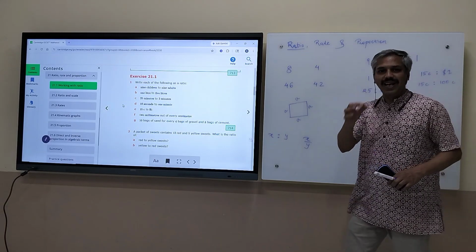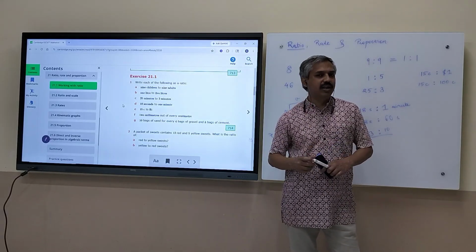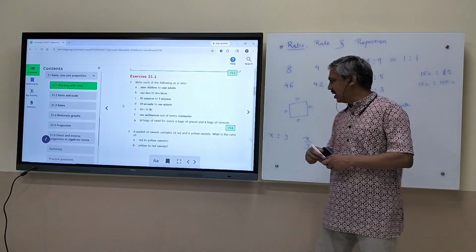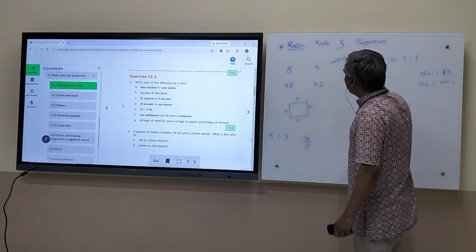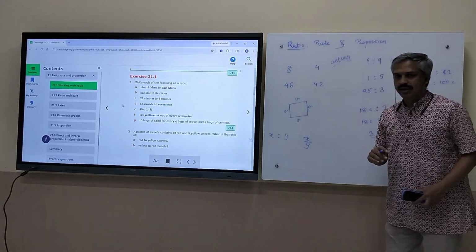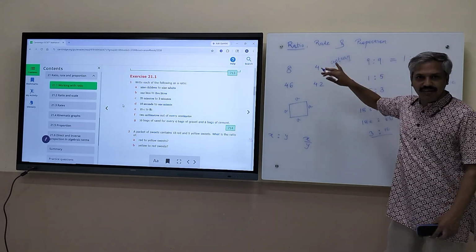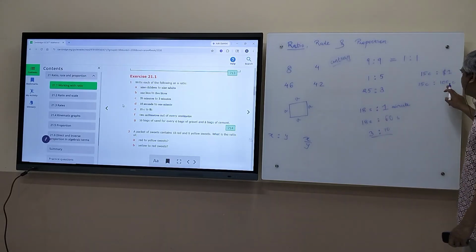The dollar is converted into a smaller unit, that is called cents. It is being given the name cent because CENT actually stands for century, and century means 100. The meaning of the word cent itself is 100. So this is 100 cents.